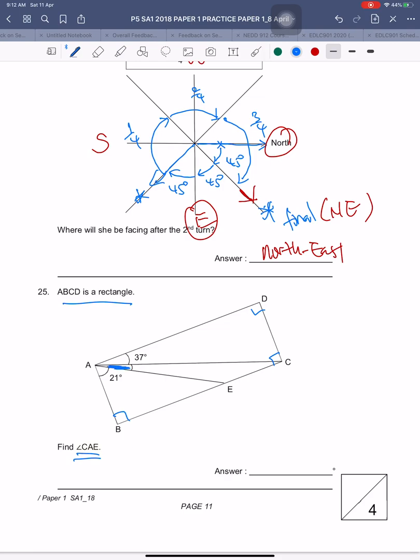This is the angle that you're looking for. Since you know that this is a right angle, angle CAE would be 90 degrees minus 37 minus 21 degrees. So the answer is 32.